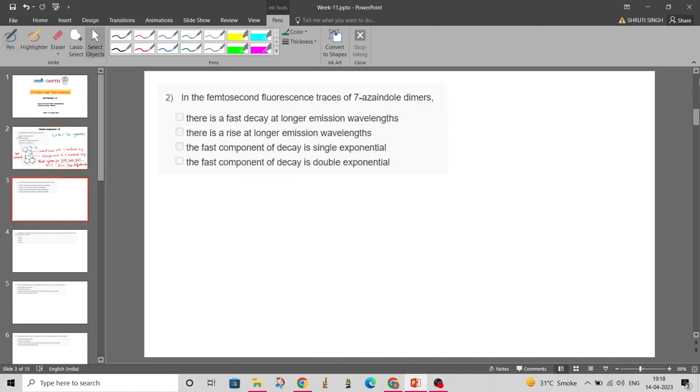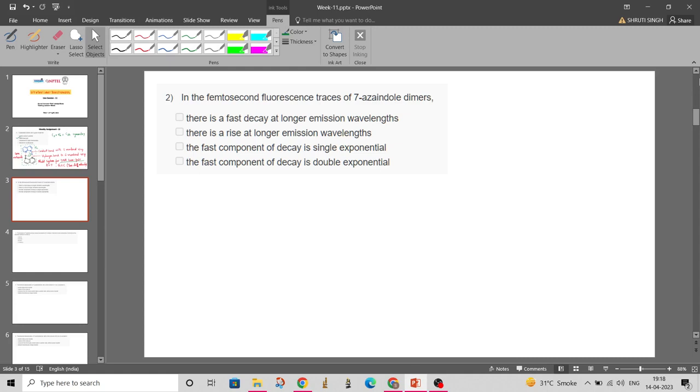The next question is, in the femtosecond fluorescence traces of 7-azaindole dimers, there is a fast decay at shorter emission wavelength, and there is a rise at longer emission wavelength. The fast component of decay is single exponential, or the fast component of decay is double exponential. Let's see how the decay is.